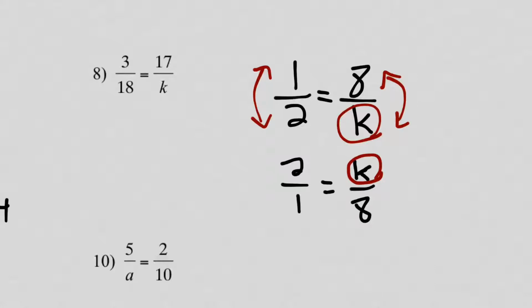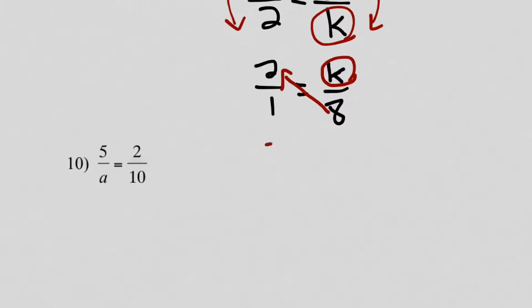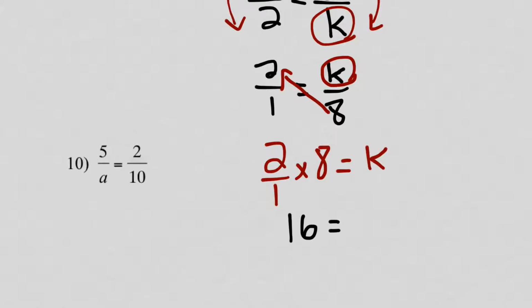So in the previous section, we learned that we can move the 8 diagonally across the equal sign, and we're going to end up with 2 over 1 times 8 is equal to the k value. That means 2 times 8 is 16 over 1, which is just 16. That is what the k value is worth.